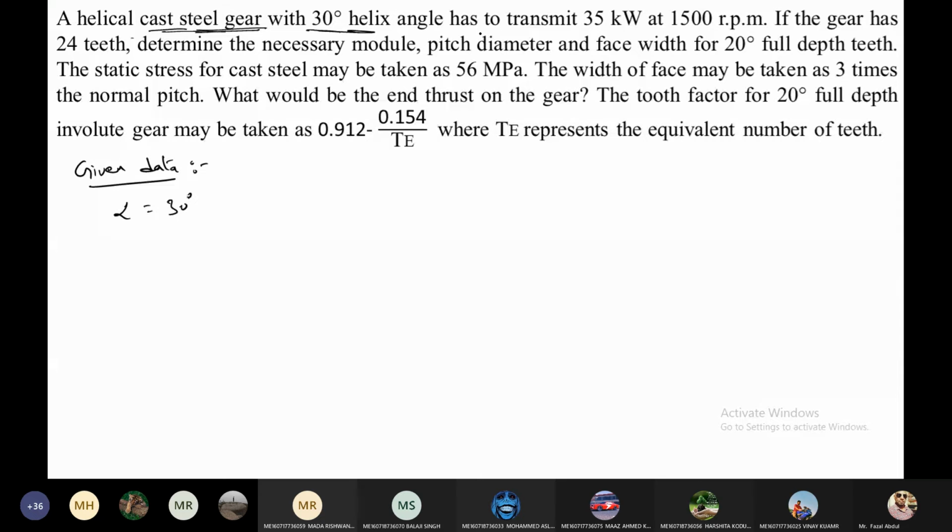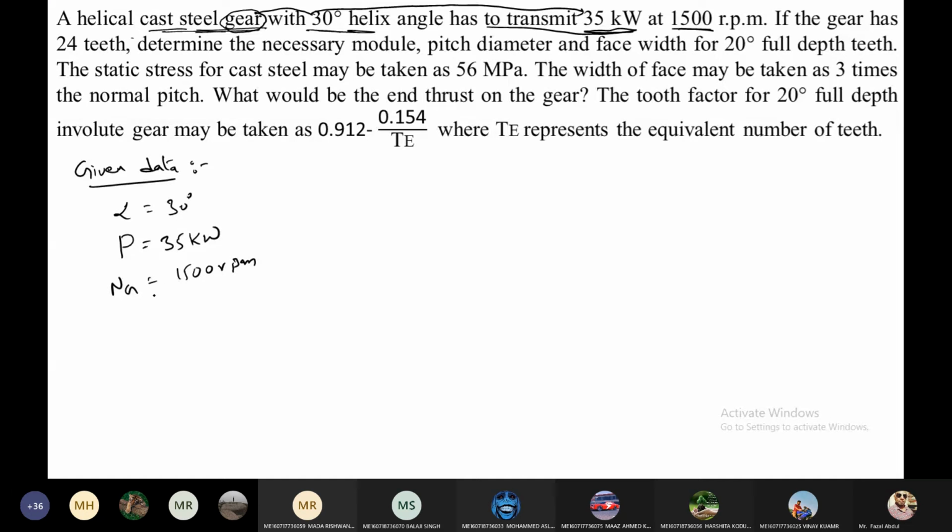Has to transmit 35 kilowatts of power. So here gear is transmitting the power, not pinion, not the entire gear system. So the statement started with the gear. This gear is having the 30 degrees helix angle and transmitting this much power at a speed of 1500 rpm. That is Ng equal 1500 rpm.